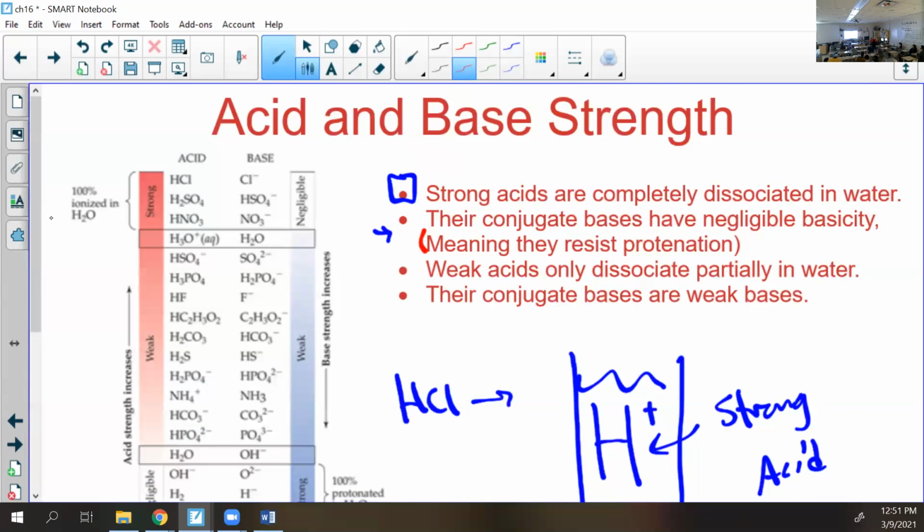All right, acids and base strength. Strong acids are completely dissociated in water. Make sure you understand this part. Their conjugate bases have negligible basicity, meaning they resist protonation. It means that they don't take one.